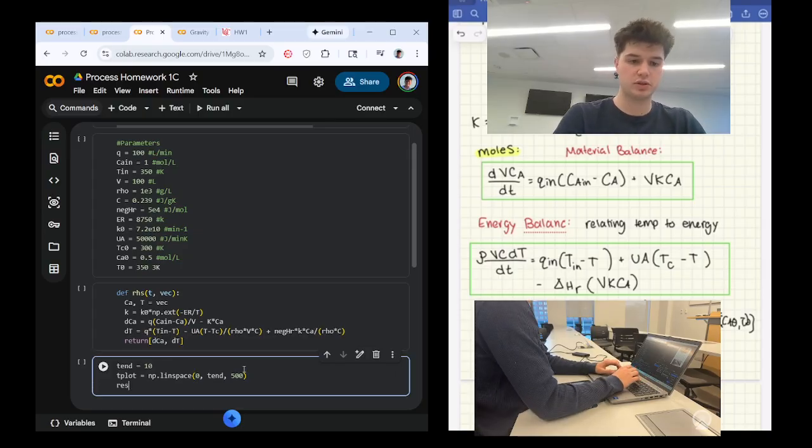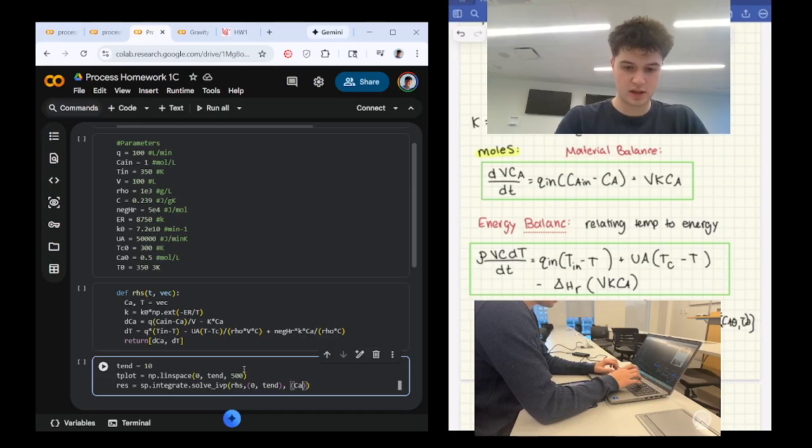And then next is this long solution equation, which is going to be res equals sp.integrate.solve_ivp. This is always the hardest part to remember all this. And then here we're going to put right hand side, because that's what we're solving for. 0, tend, close parentheses, comma.